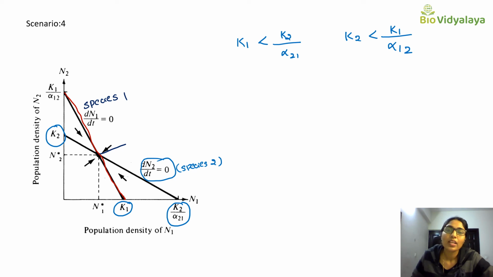So here the carrying capacity of both the species is lesser than the carrying capacity of the other species divided by the interspecific competition coefficient, or we can say the competition coefficient. So we can rearrange this one. It will come like this.